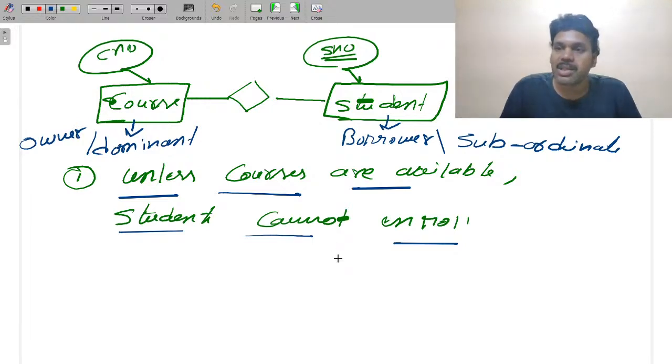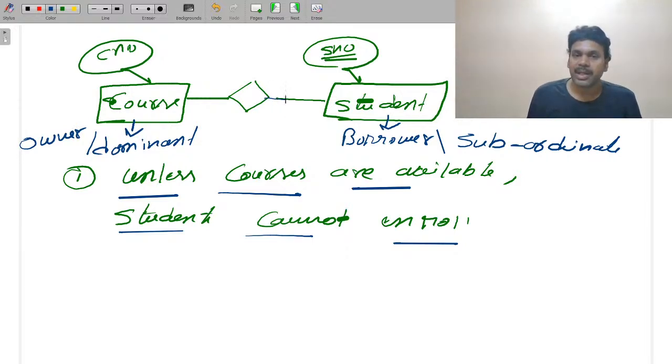Therefore, students are depending on your courses. Hence, your student is existence dependent on your course. Thus, without a course, the student cannot exist. Otherwise, without the existence of a course, there are no students.